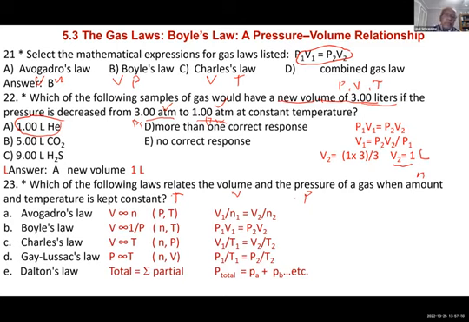Volume is inversely proportional to pressure. When amount and temperature are constant, you get this equation. This description fits Boyle's law. Therefore, the answer is B, Boyle's law. So that's how you figure out which equation to pick for different calculations.